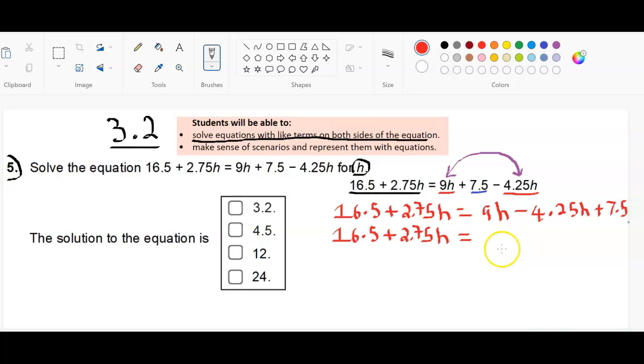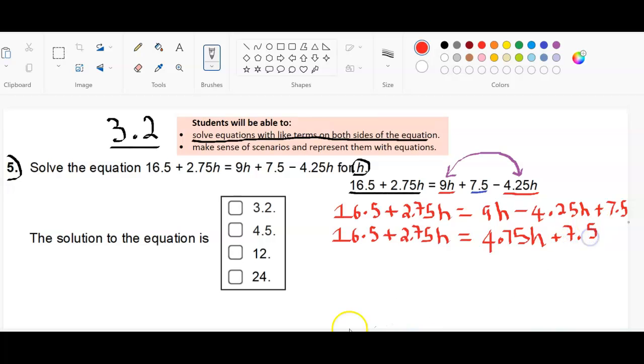So we should have what left? $9 minus the whole $4 leaves $5, and then you minus another quarter, so that would be 4.75. So 4.75h, plus 7.5.